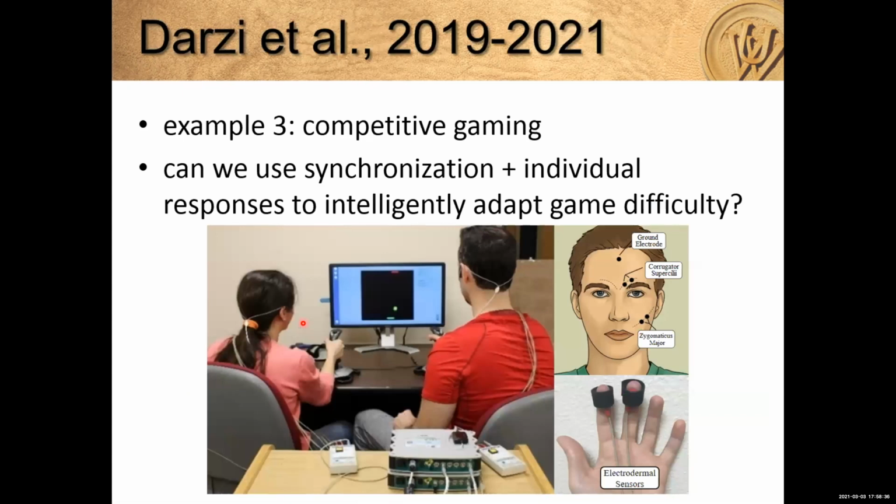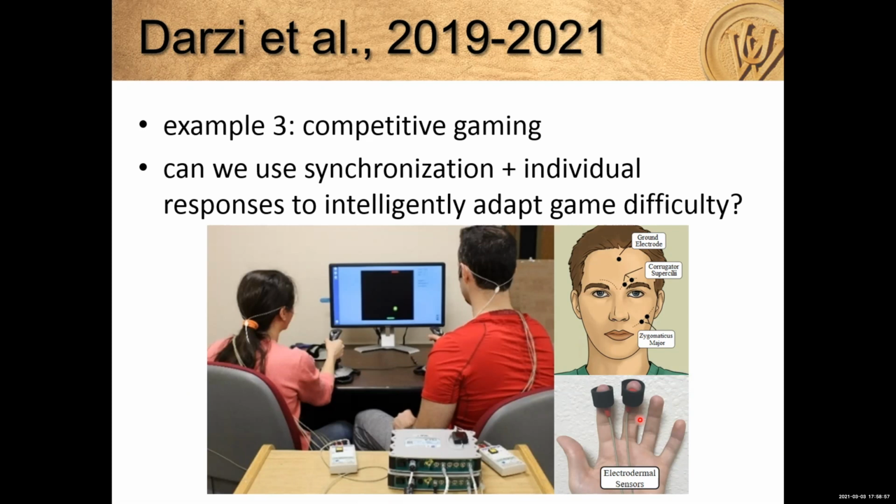We used it for competitive gaming, where we made 2 participants basically play Pong against each other while they were wired up with respiration sensors, ECG, facial electromyography, and electrodermal activity.